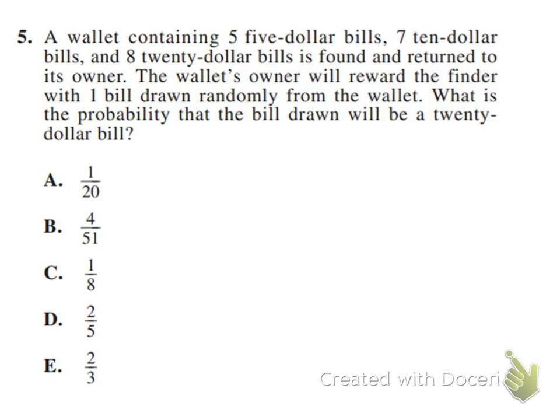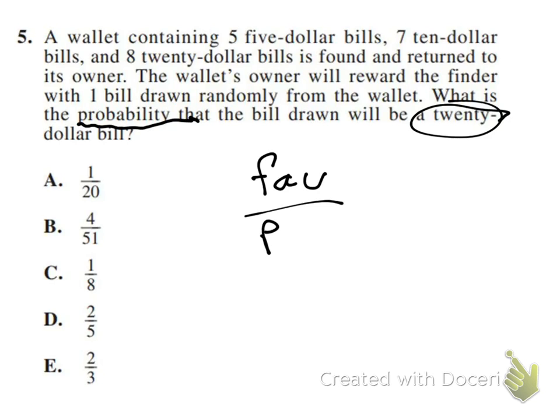And we're talking some. So a wallet containing five $5 bills, 7 $10 bills, and 8 $20 bills is found and returned to its owner. The wallet's owner will reward the finder, who will draw one bill randomly from the wallet. Again, what is the probability that it'll be a 20? Favorable over possible, right?